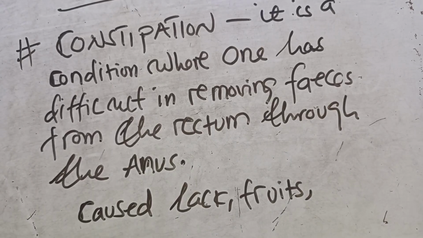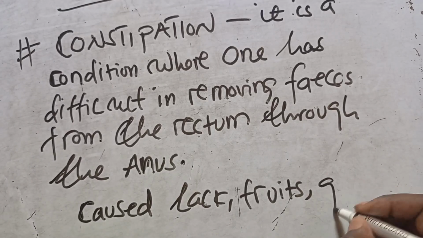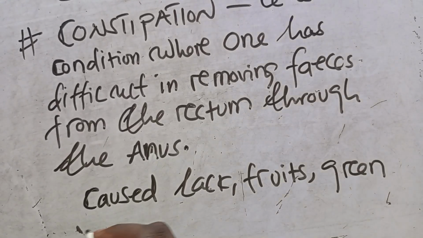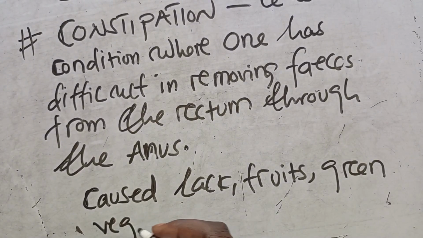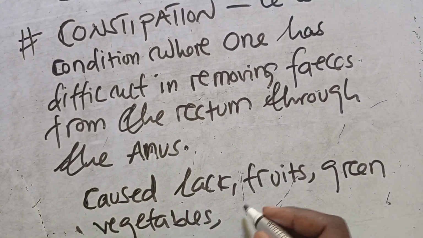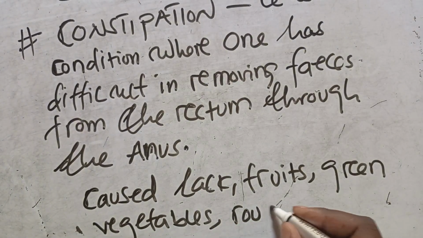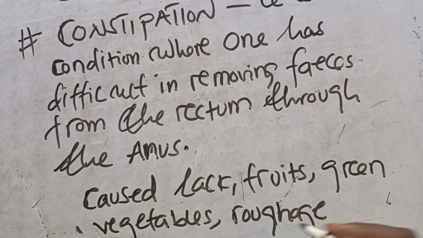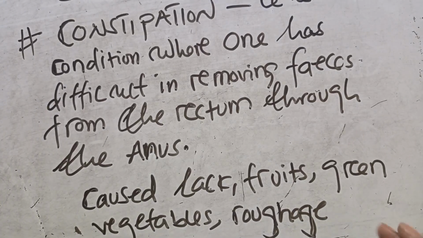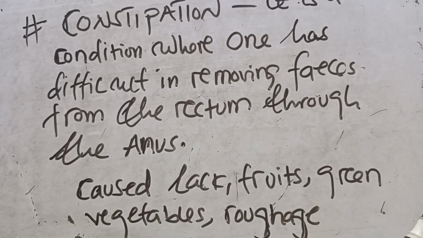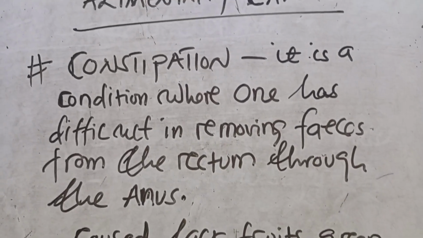When you're not feeding on fruits, you're not feeding on green vegetables, and you're also not feeding on roughages. An example of roughage is popcorn. So this is what we need to know. It will lead to what is called constipation.